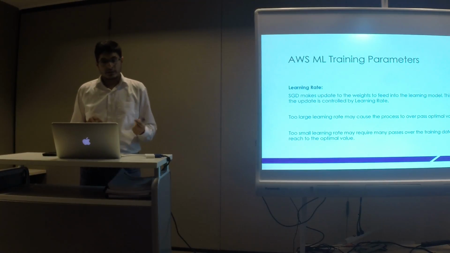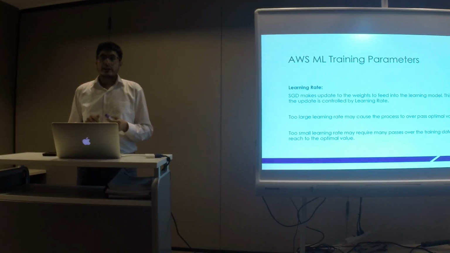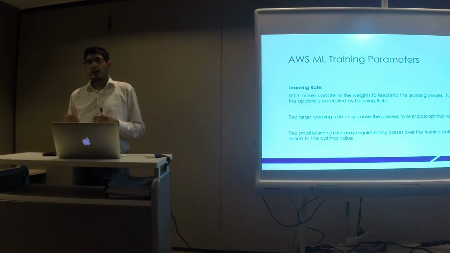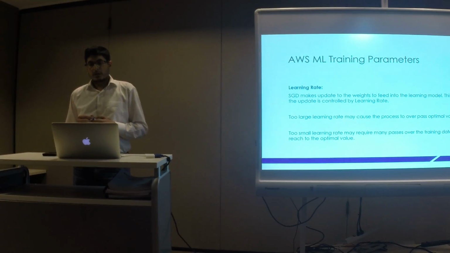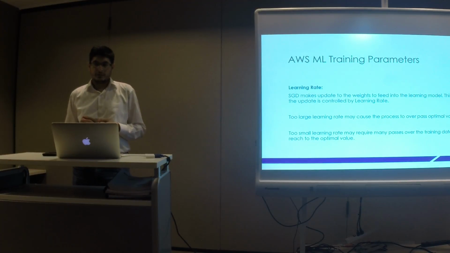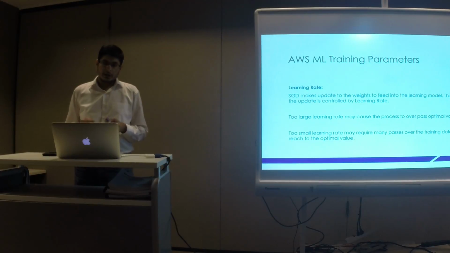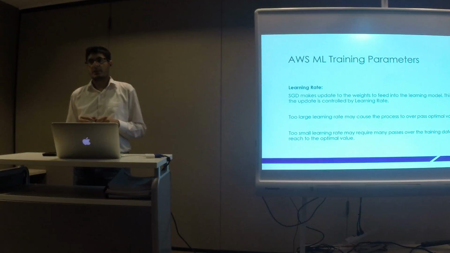The SGD algorithm iterates over the data set, and the learning rate defines how it varies the feature weight while iterating. If you set your learning rate too high, it may cause the process to overshoot the optimal value. And if you keep it on the small side, then it requires multiple passes over the training data set.